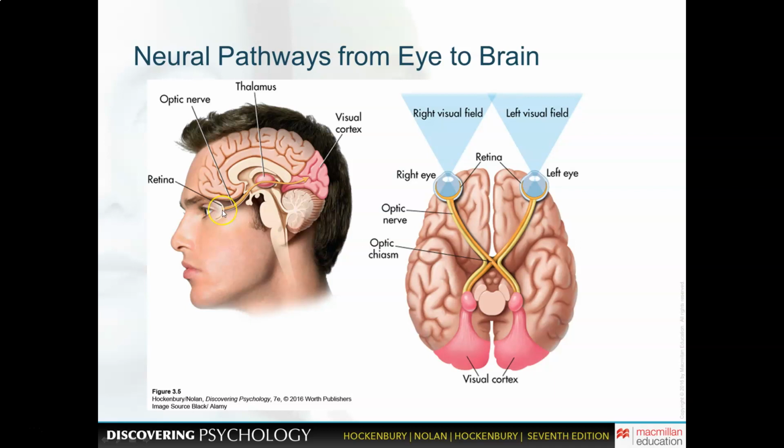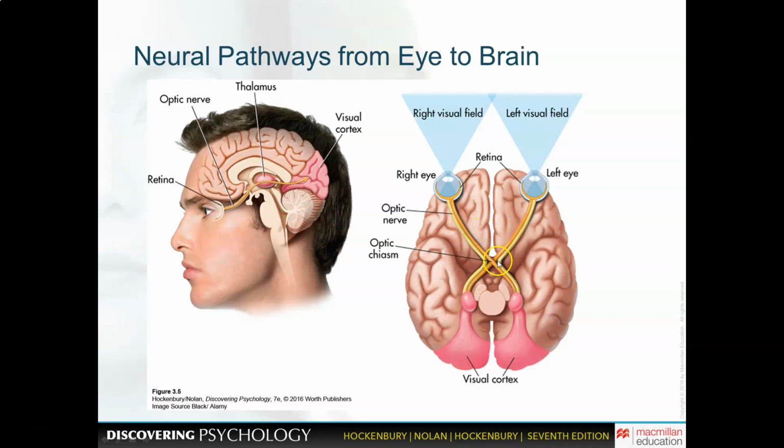Once it's encoded into neural signals, that is transferred through our optic nerve, this long nerve right here. This travels all the way to the back of our brain to what is called the visual cortex, and that is where our vision is processed. So it travels all throughout the brain here.